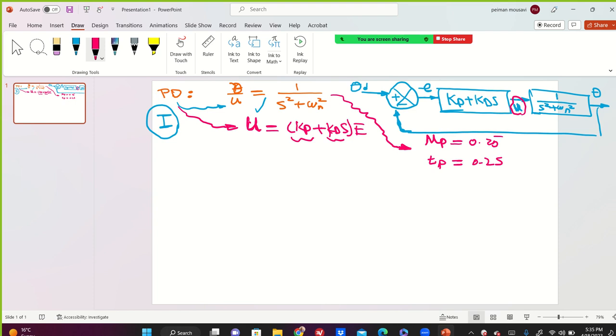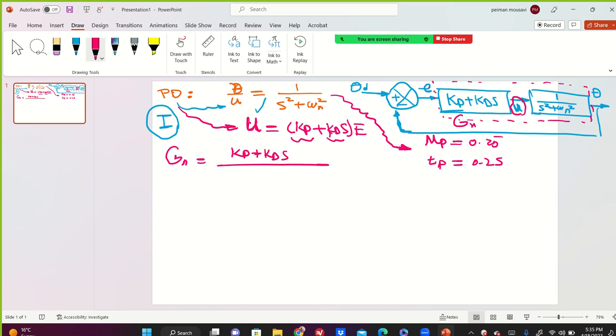Now, as I told you, the open loop transfer function of your controlled system is your new G. So your new G, in your notes from the previous class, is Kp plus KdS, just multiplying two blocks, in S square plus omega n square.